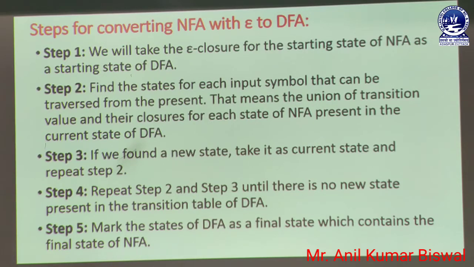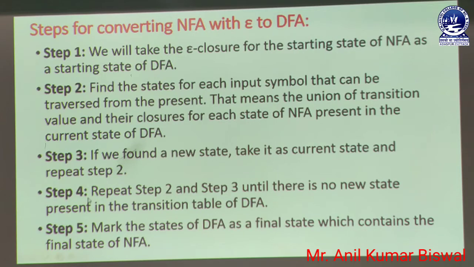In step 3, if we find a new state, take it as the current state and repeat step 2. Whenever a new state appears in step 3, it becomes the current state and we repeat step 2. So step 2 is executed repeatedly, one by one, until the final moment.